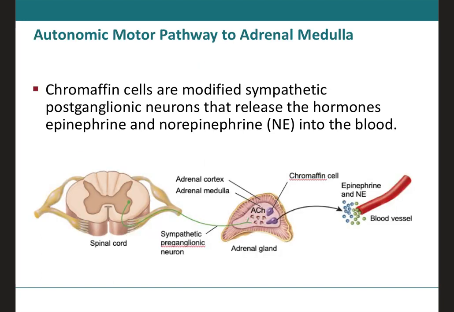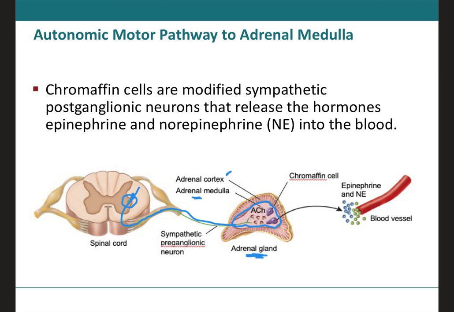Lastly, we're going to see what will occur at the adrenal gland. We can see we're going to have the preganglionic neuron right over here with the cell body located in the spinal cord. It will exit through the ventral horn where it will arrive at the adrenal gland. In the adrenal gland, there are two different areas. The internal area is what we call the adrenal medulla.